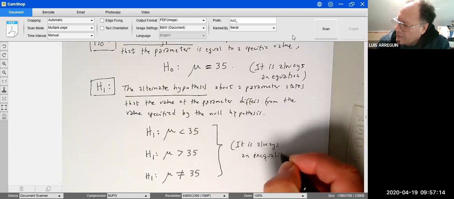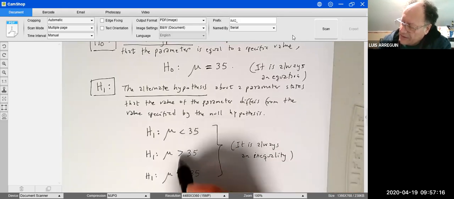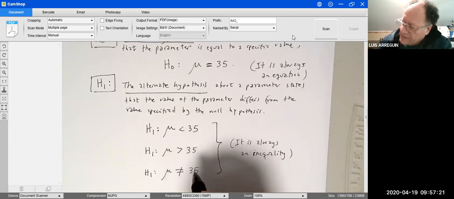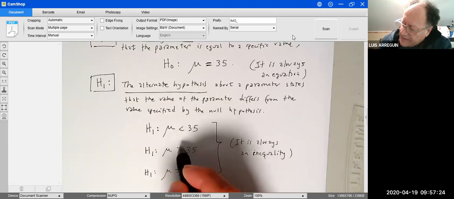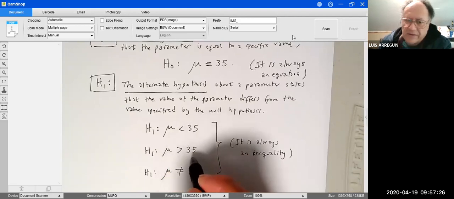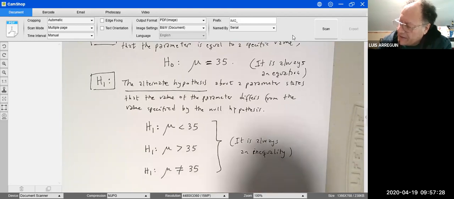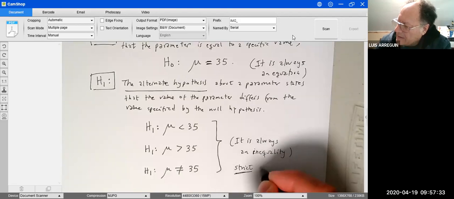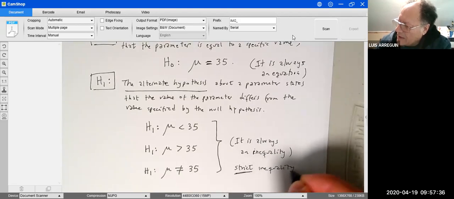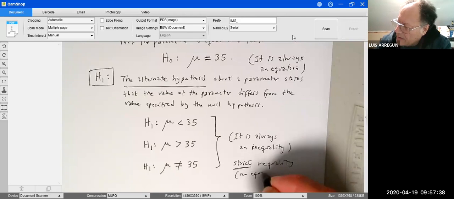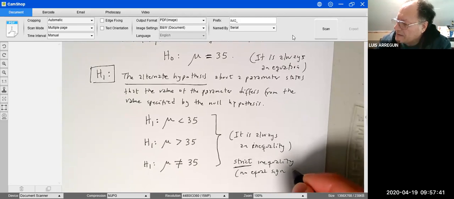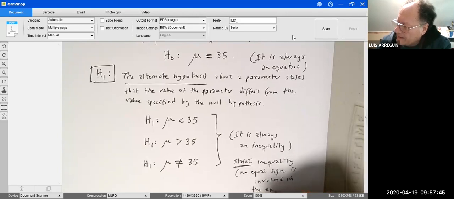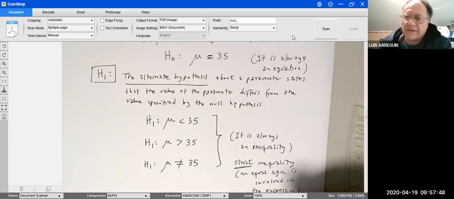You don't see the equal sign here embedded. So you cannot have greater than or equal to 35. It has to be a strict inequality. No equal sign is involved in the expression. I'm writing this because this is very, very important.